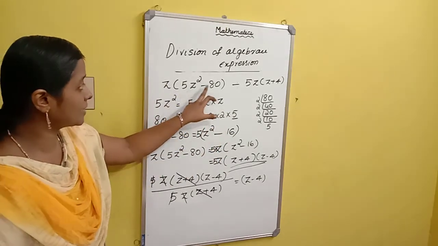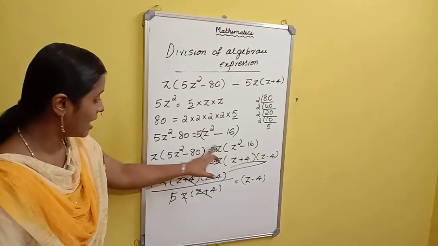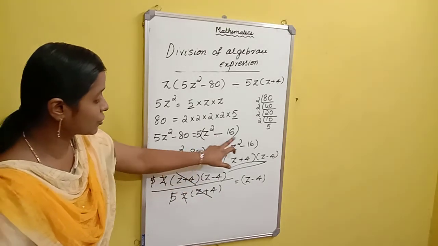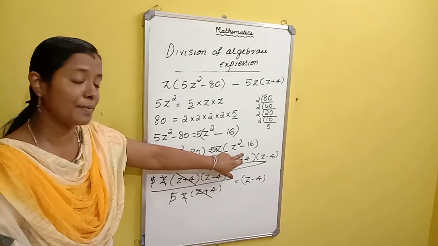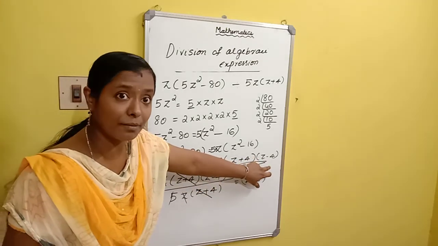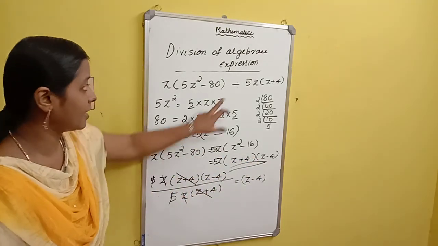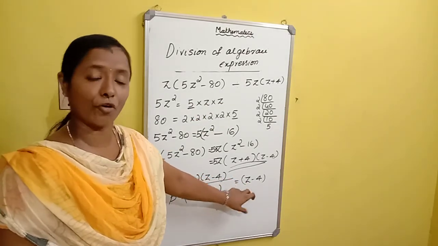Then z into 5z square minus 80 becomes what? 5 into z, after that this becomes z square minus 16. Again we apply a square minus b square. So 5 into z plus 4 into z minus 4. So what will you get after that? You can divide it. Then at last you will get z minus 4. Clear?